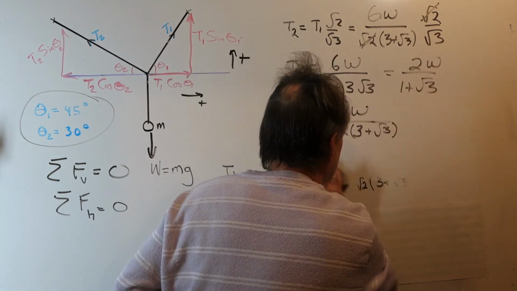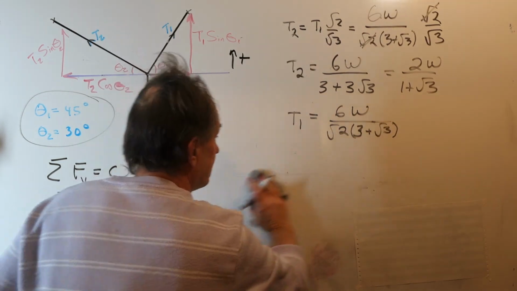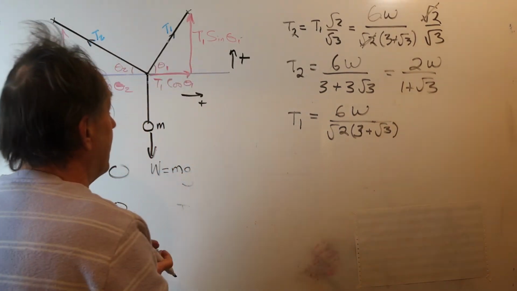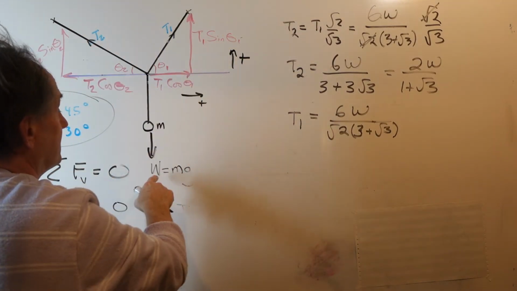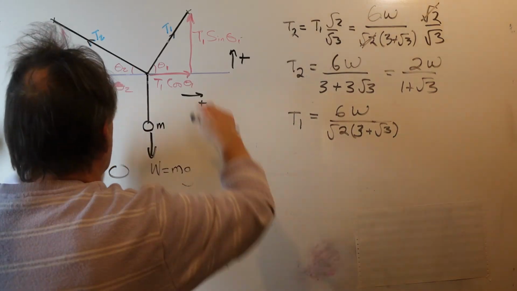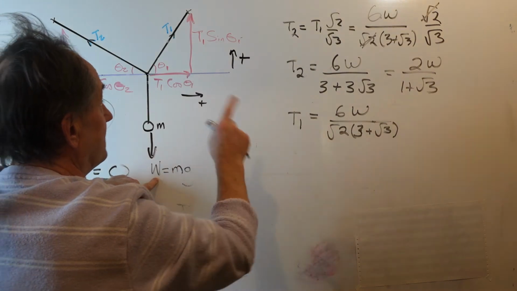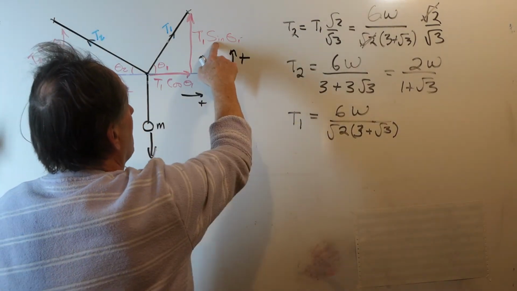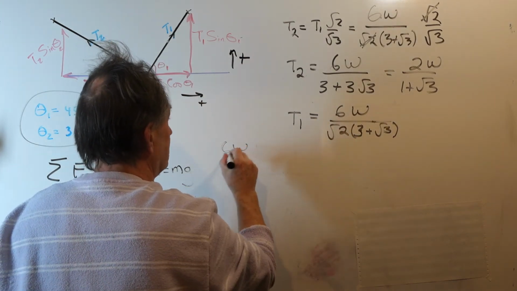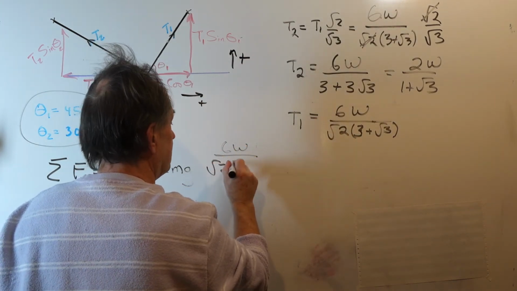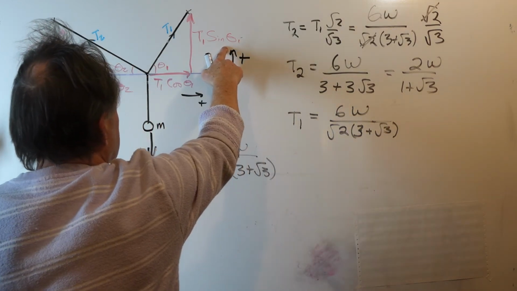Now, we could easily check this to make sure that it's correct, in that the vertical components of the tensions have to sum to the weight W. That is, the two vertical forces have to equal the weight W. So, T1 times the sine of theta 1, well, would be 6W over the square root of 2 times 3 plus the square root of 3, and that's multiplied by the sine of theta 1.